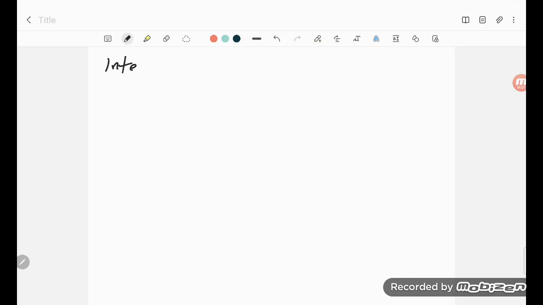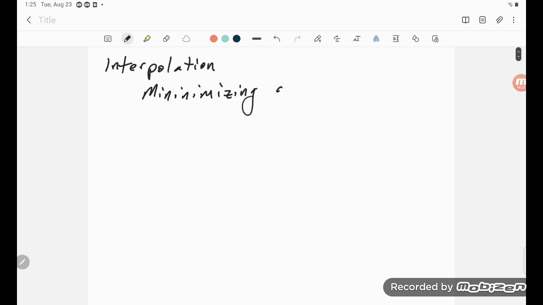Okay, a second way I've used interpolation is I wanted to look at minimizing a swim time for a given distance, by using pace strategy.